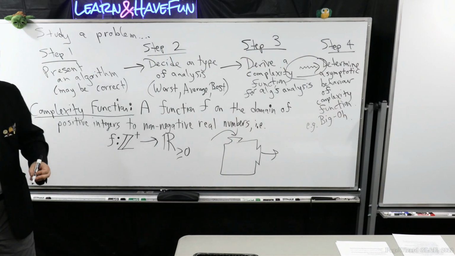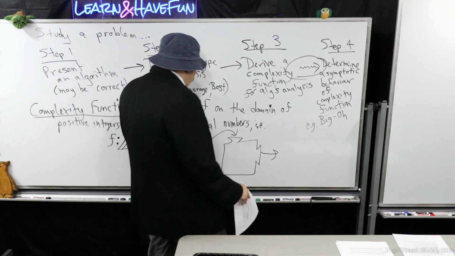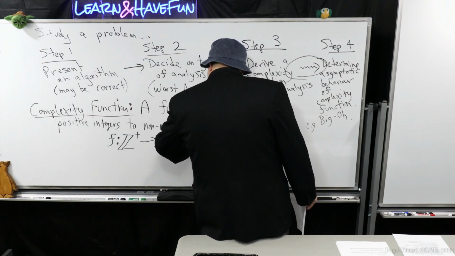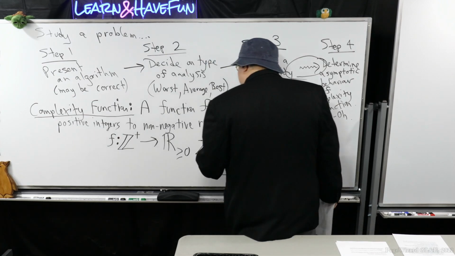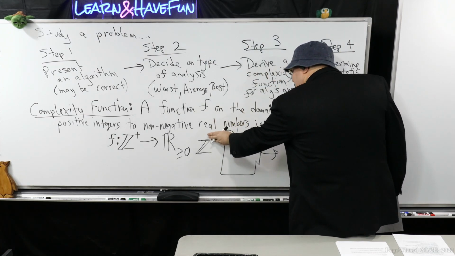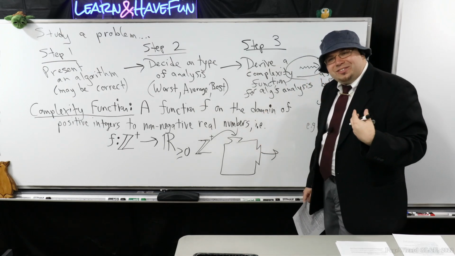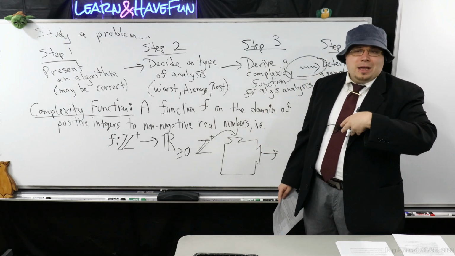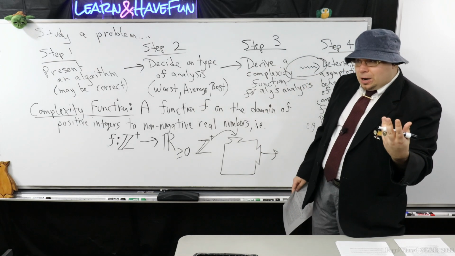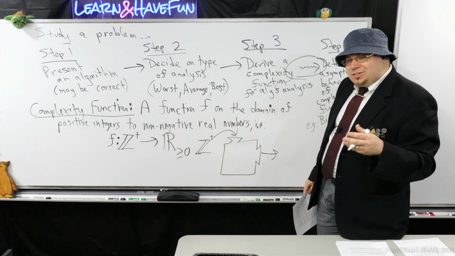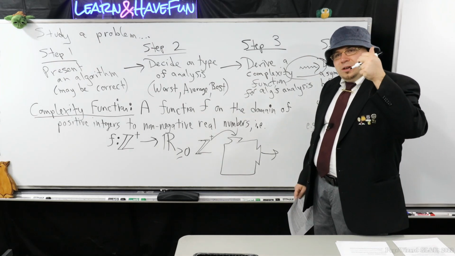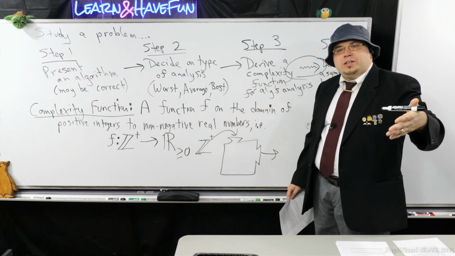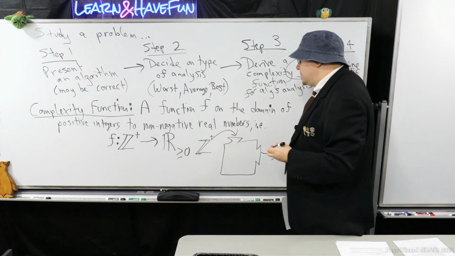In this case, it takes in a positive integer. That's what this fancy blackboard Z with the plus means. If it doesn't have the plus, it's just an integer. These are numbers like -2, -1, 5, 7, and 0. Positive integers only include 1, 2, 3, 4, 5, your typical counting numbers.